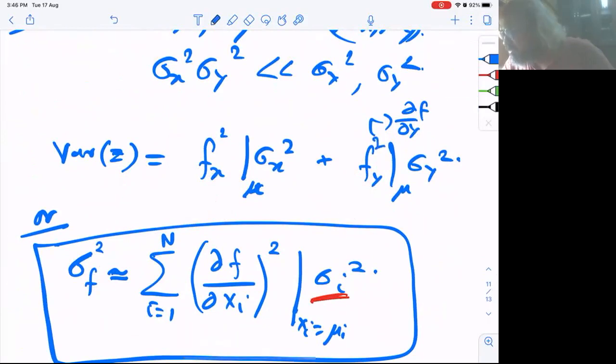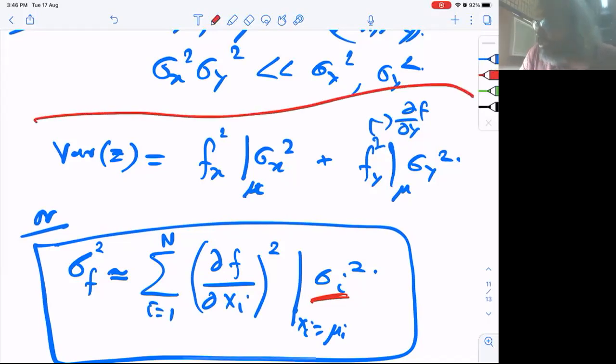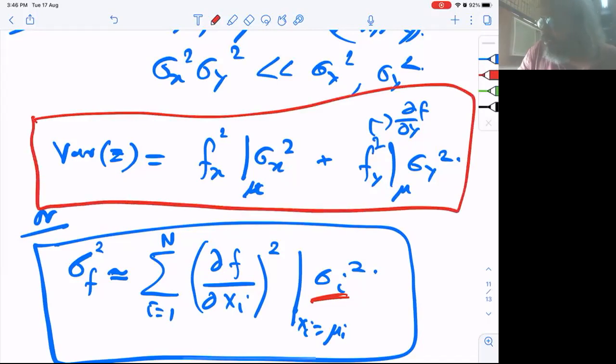So this is squared, times sigma x square and sigma y square, and that is the very well-known error propagation formula, which basically says that it doesn't need to be limited to just two variables. You can combine them for any functional form.